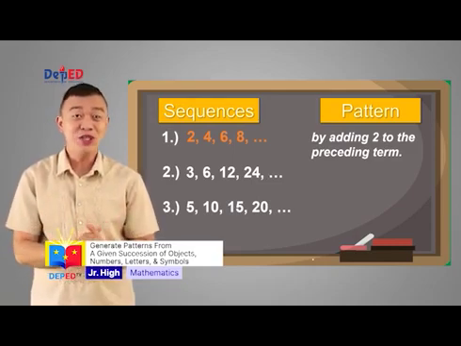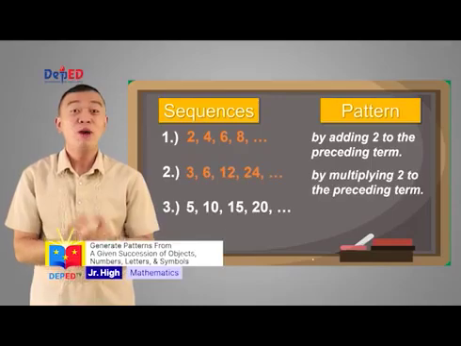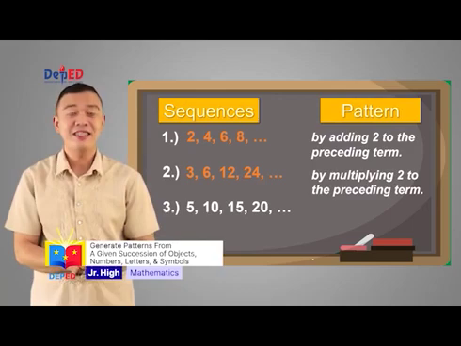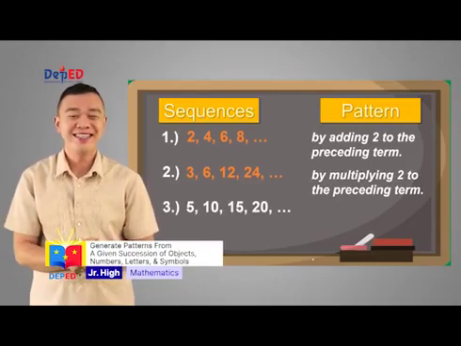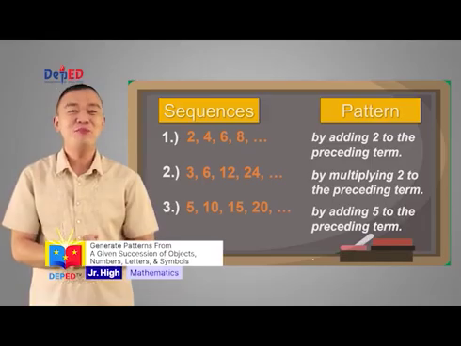What is the pattern you observed? By multiplying 2 to the preceding term. And the third sequence: 5, 10, 15, 20, and so on. What is the pattern you observed? By adding 5 to the preceding term.